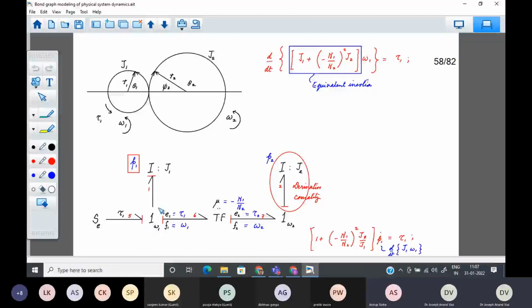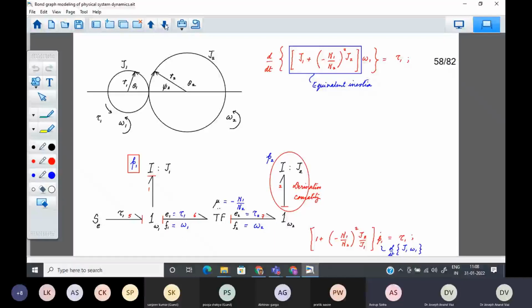So the effect of this derivative causality was that its inertia got dependent on this inertia. So its state could not contribute directly. It had to surrender its state, and that state got clubbed up with this because you are interested in the angular velocity on the pinion side. So you can write this expression in this form.